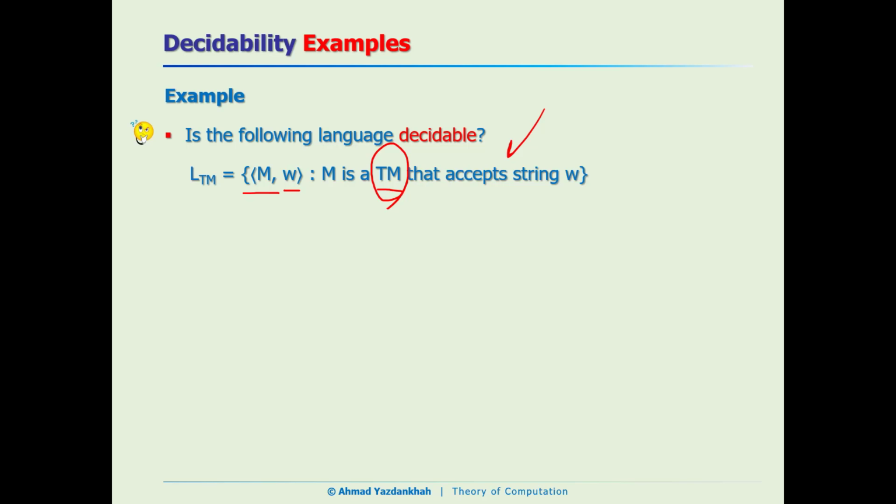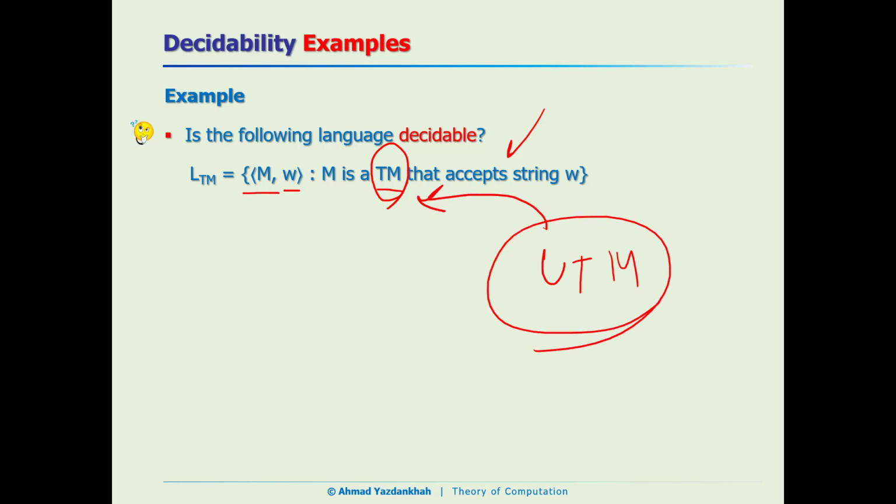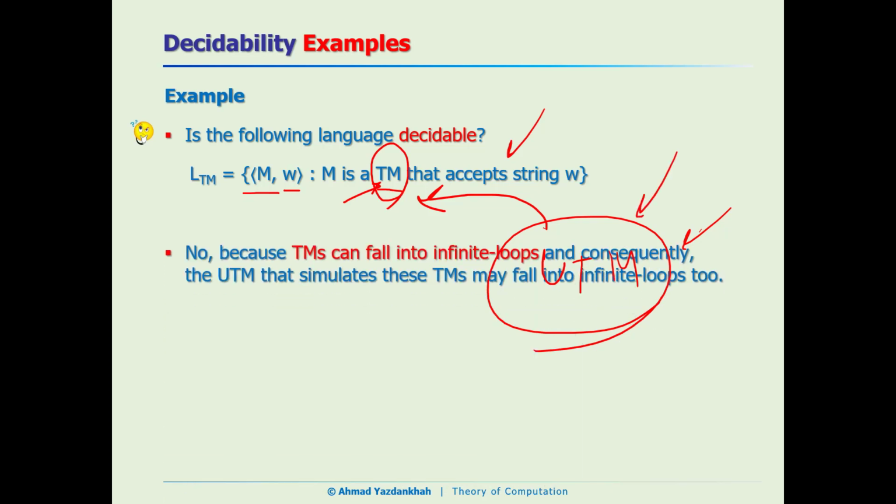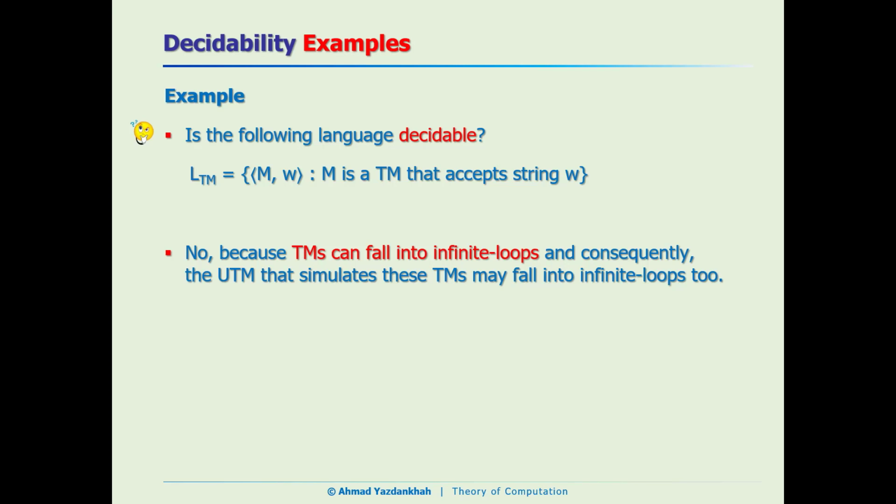And if we create a UTM to simulate this language, as we explained when we were talking about the universal Turing machine, then since this Turing machine can get stuck in an infinite loop, so can the UTM. So the answer would be no. This is not a decidable language.